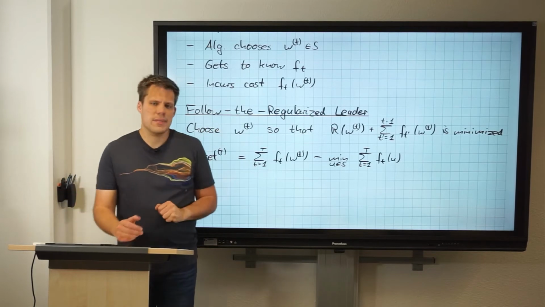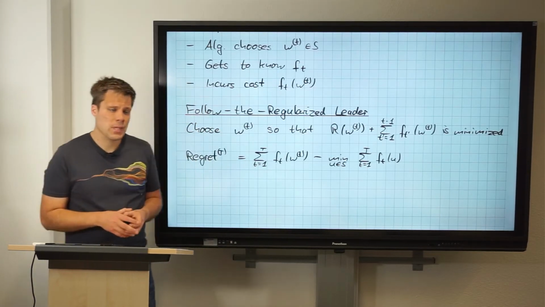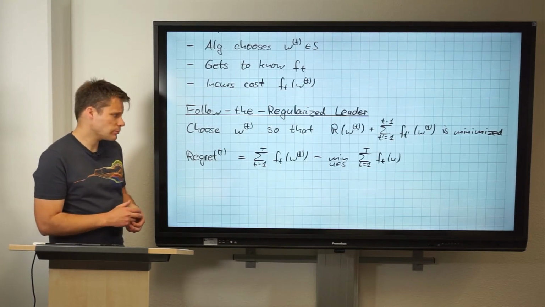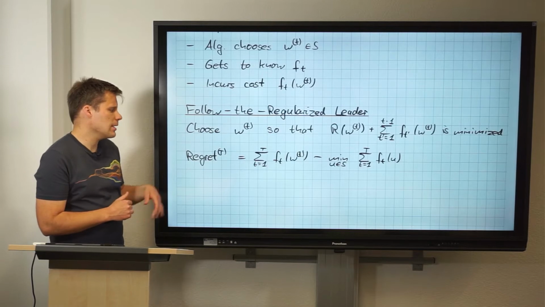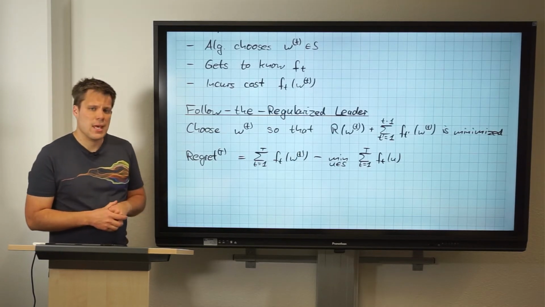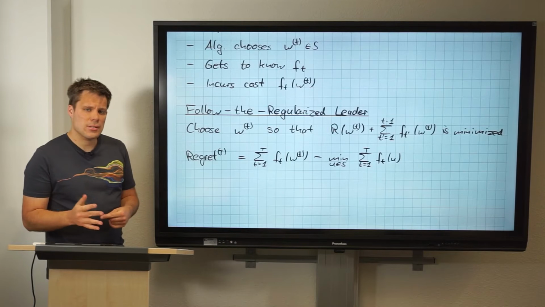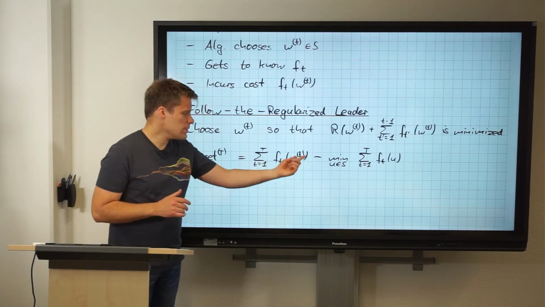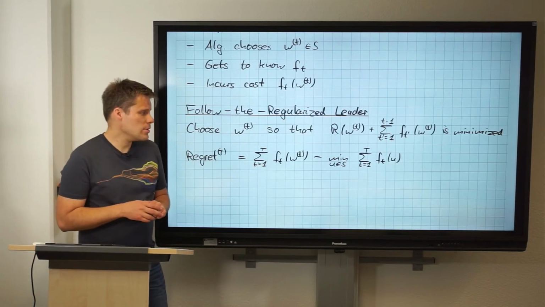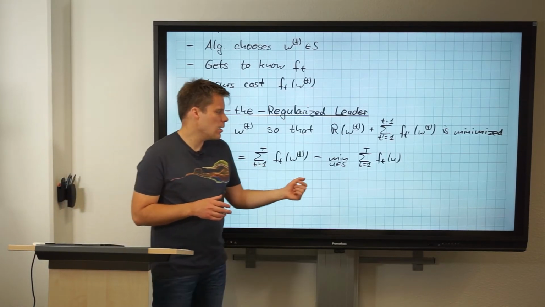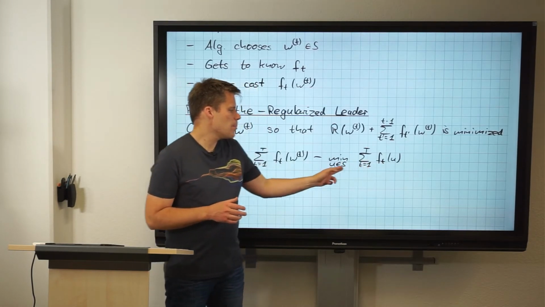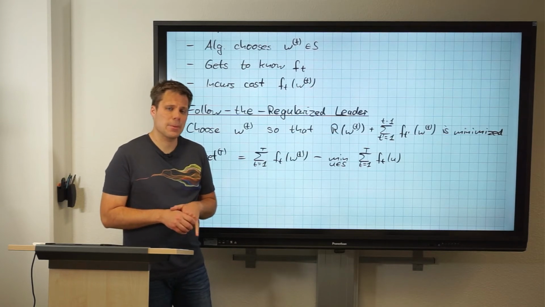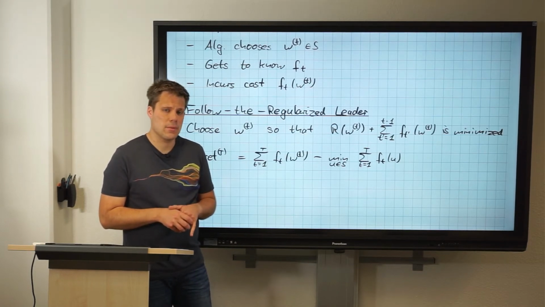And this is the algorithm that we'd like to analyze today. How would we want to analyze this? What's the benchmark? What's the kind of result that we'd like to get? We'd like to bound its regret. And the regret is just the natural generalization of the regret in the expert setting. Namely, what's the cost that our algorithm incurs, and what is the cost of the best single point we can play throughout the sequence?